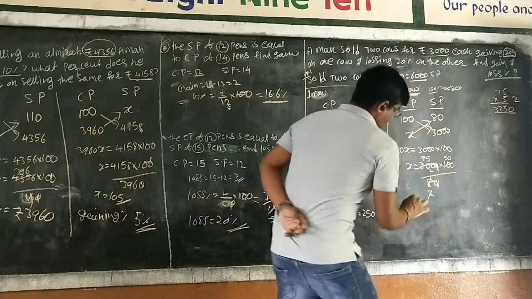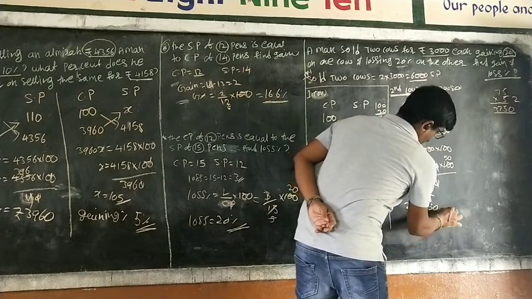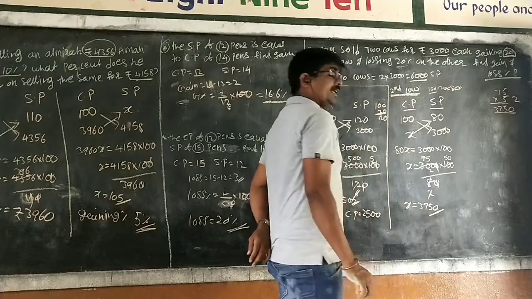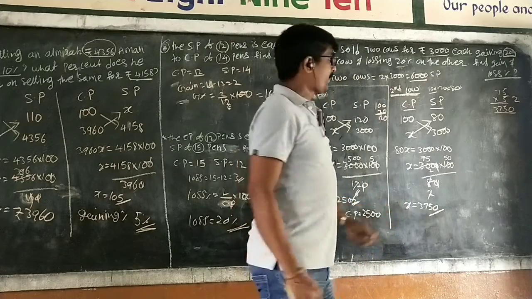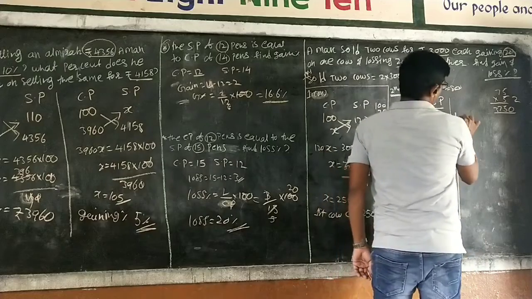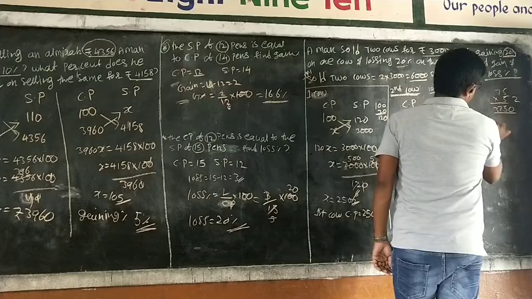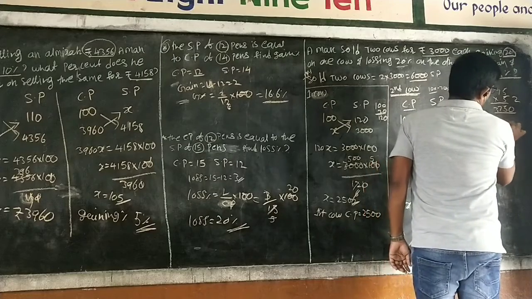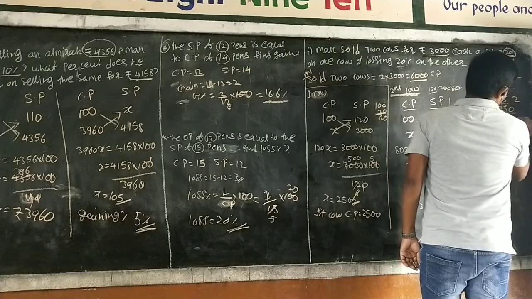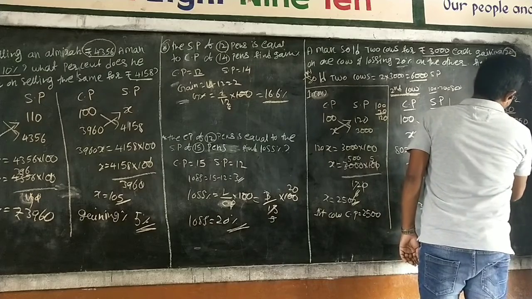So x is equal to 3,750 rupees. This is the second cow's cost price. Total cost price is equal to 2,500 plus 3,750, that is equal to 6,250.